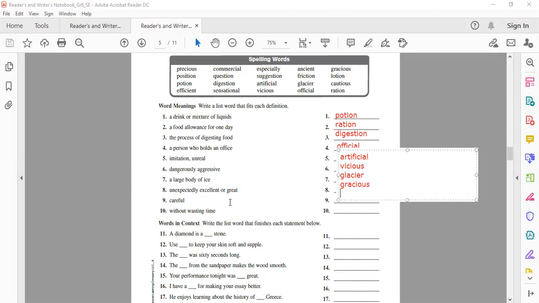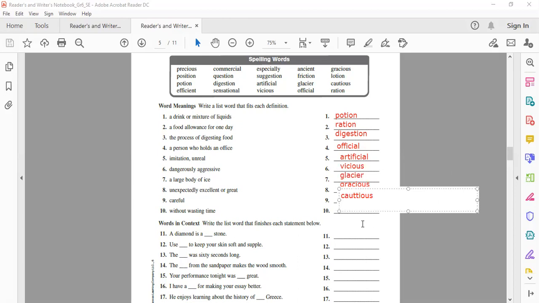Then we have careful. Please be careful when you go in the rain. Cautious. Very good. And then the last one, without wasting time, you are efficient.